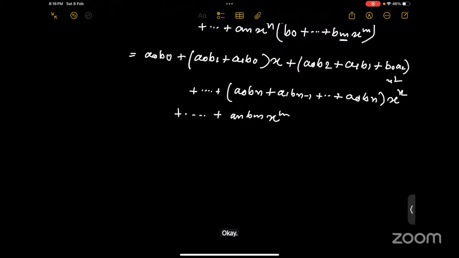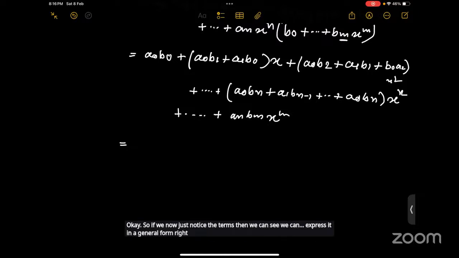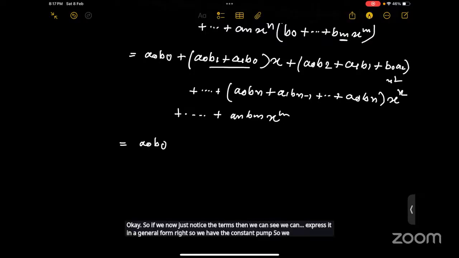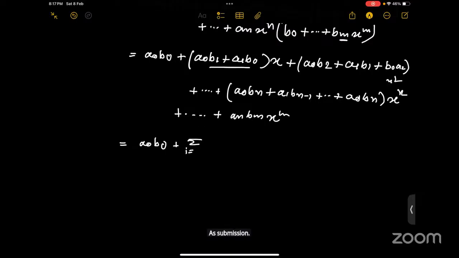If we now notice the terms, we can express them in a general form. So the constant term we can express as the summation over i from 0 to 1 of ai b(1 minus i) x to the power 1.